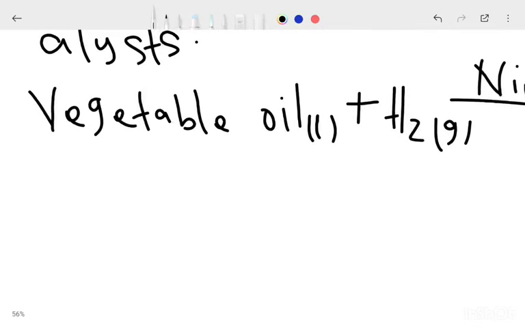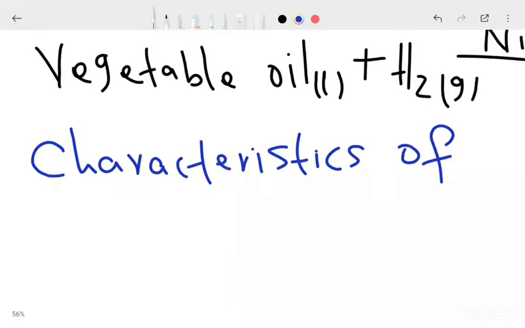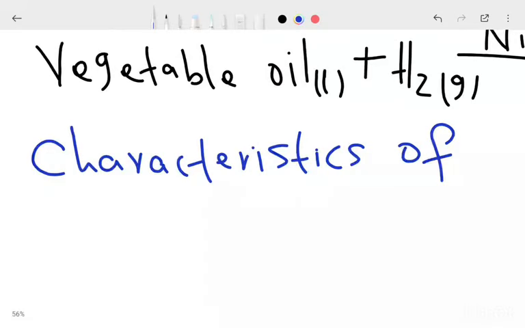Now let's look at the characteristics of a catalyst.